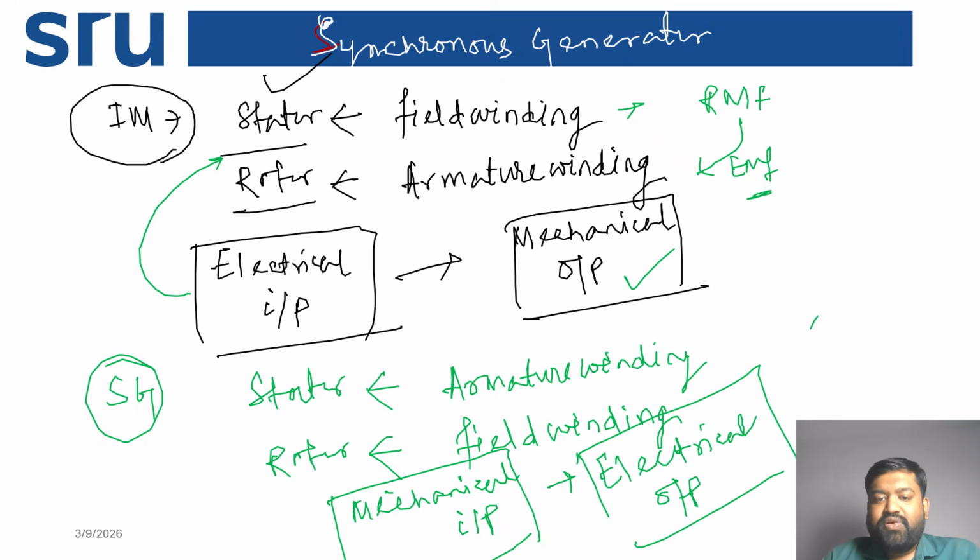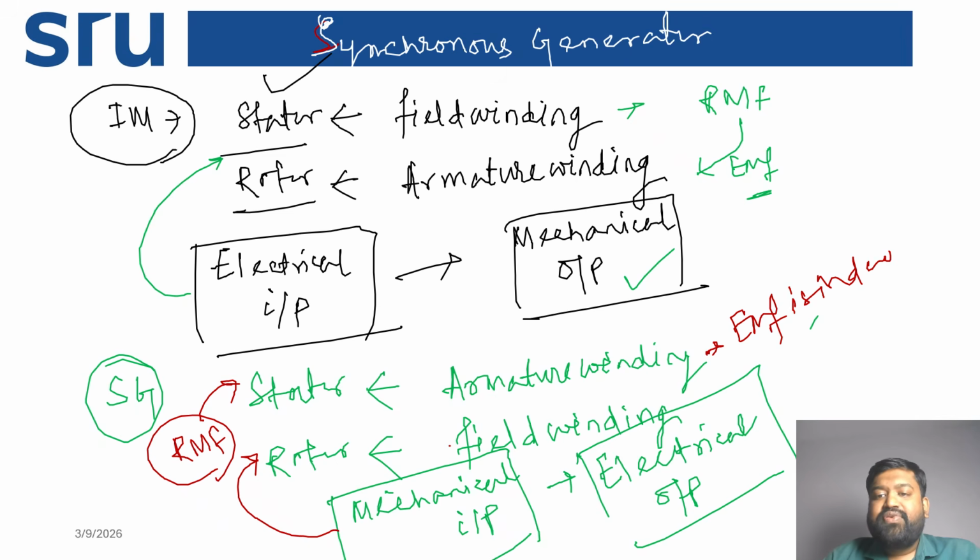But in this case, you are giving the mechanical input, and the supply is always given to the field winding. The rotor will produce the rotating magnetic field, and this rotating magnetic field will act on the stator bars. In the stator an EMF is induced, and this EMF helps to produce the electrical output.